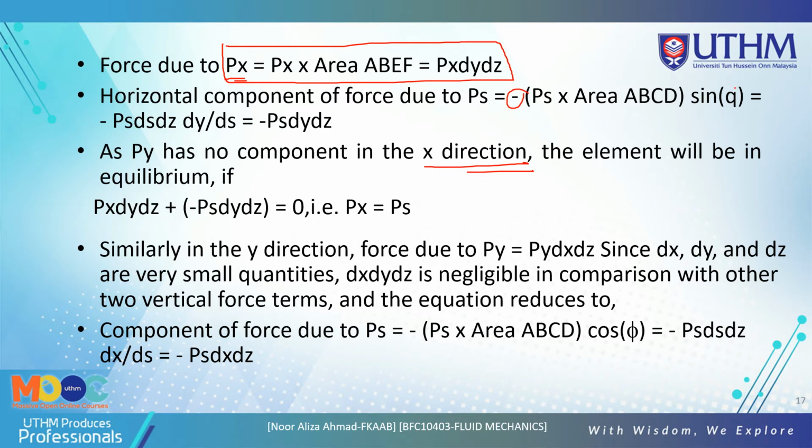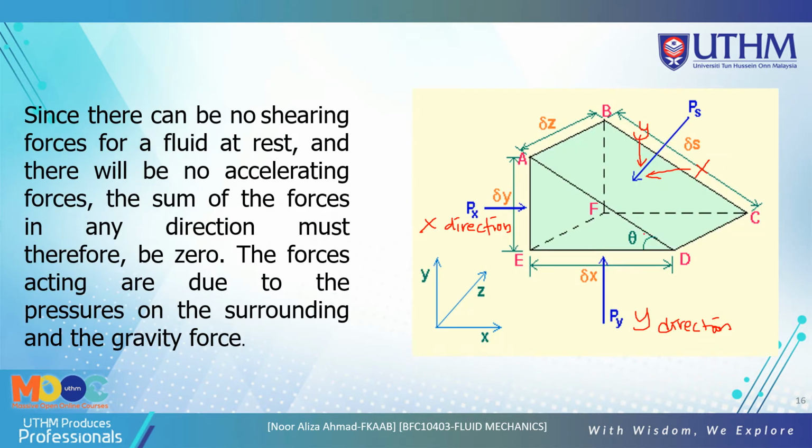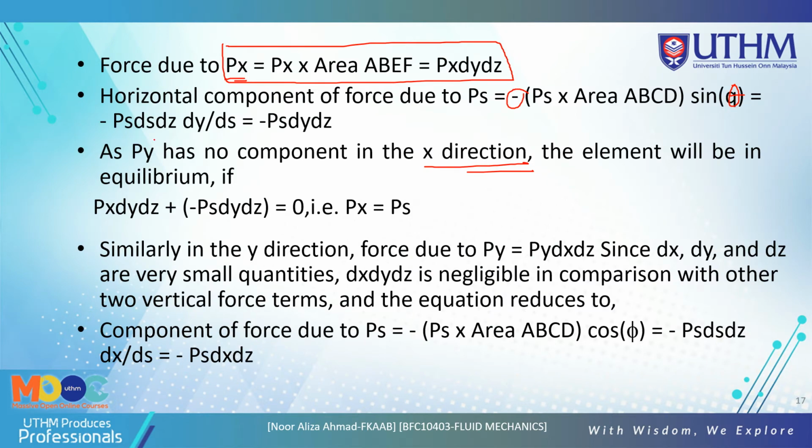So we get negative PS times ds dz times sine theta, which is actually dy over ds. So we get negative PS dy dz.